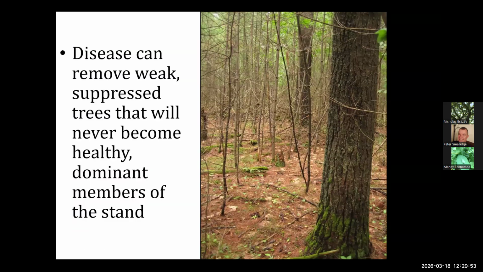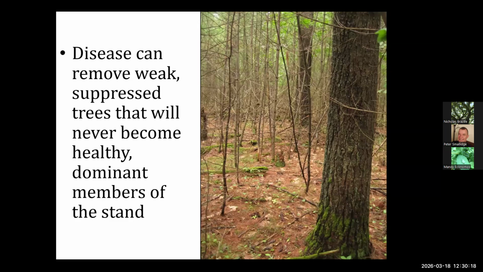And here we've got just this ratty understory of suppressed and weakened white pines. Many of these trees are never going to make it up into the upper canopy, right? They'll always be suppressed, maybe intermediate, but they'll never reach co-dominant or dominant crown class. So they need to be removed, because what do they do? They just harbor disease. They allow inoculum to linger in the stand.